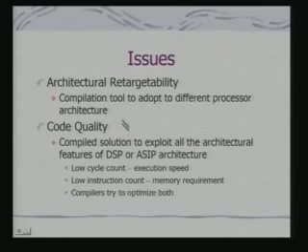So here the issues are architectural retargetability, compilation tools to adapt to different processor architectures. We have talked so far about compilers tuned for a particular architecture. Now we are talking about whether I can have a compiler retargeted for various architectures. In fact, that is more feasible if I have a compiler targeted for a family, but now I parameterize on various features of that family.